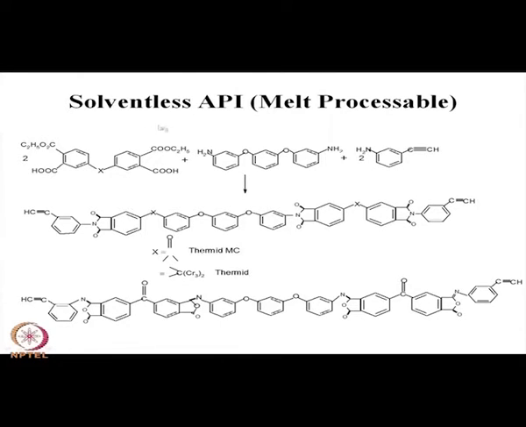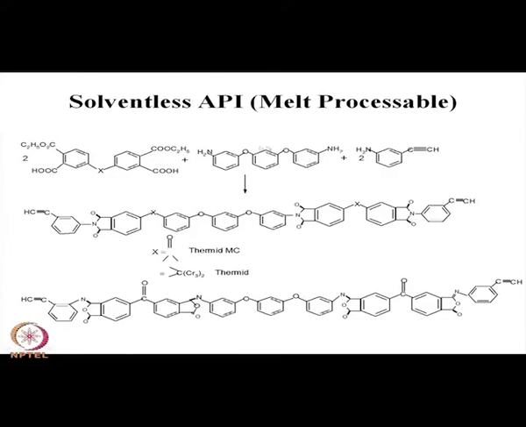So, there is solventless aromatic polyimide, addition polyimides, without using any solvent. They are known as melt processable. So, here you see, as before, these are the carboxylic or anhydride or multifunctional aromatic acids, you can say.